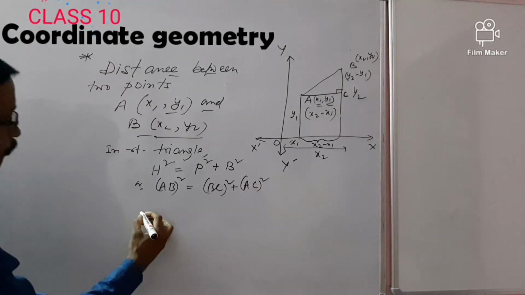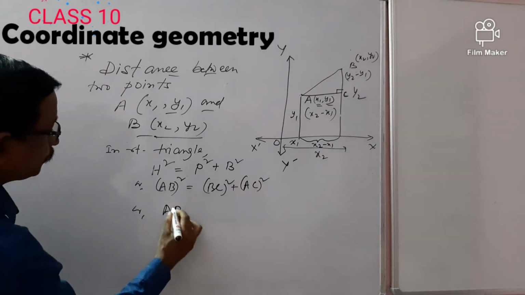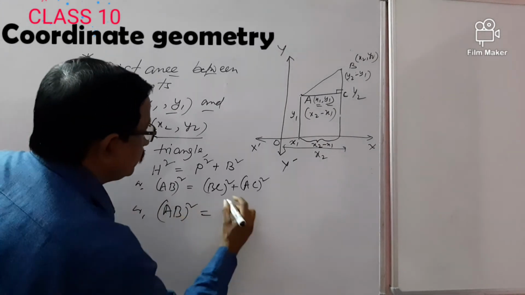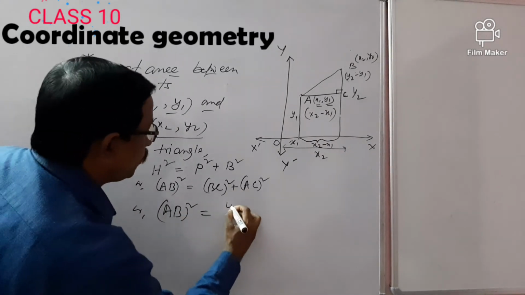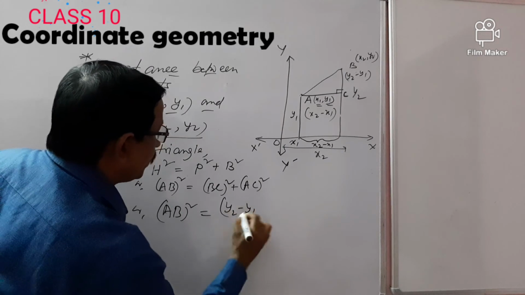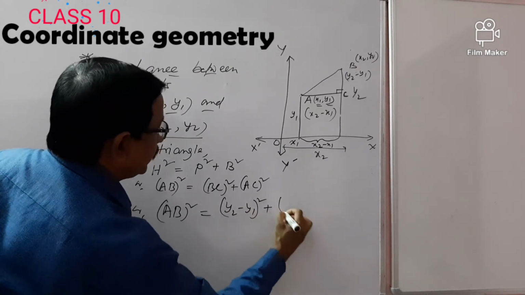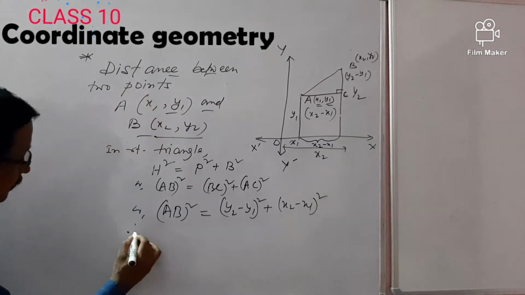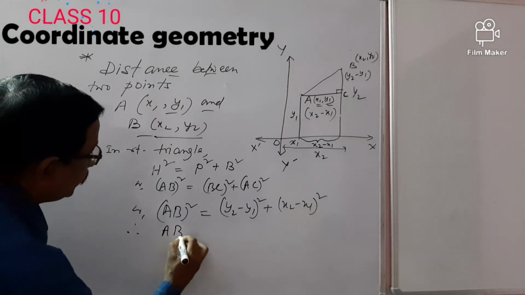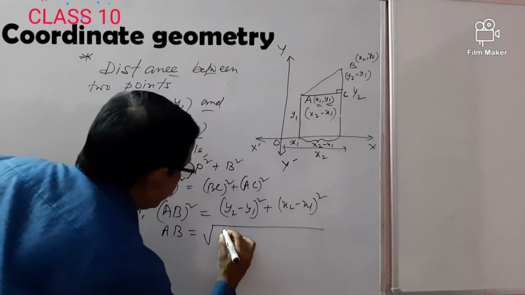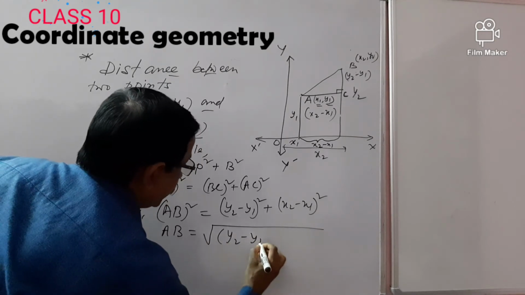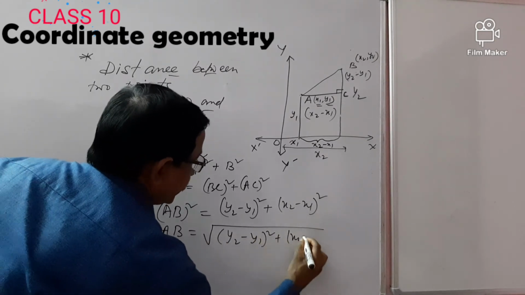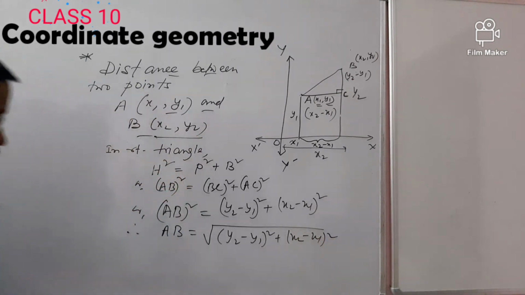We have to find AB. AB square equals BC square plus AC square, which is (y2 minus y1) whole square plus (x2 minus x1) whole square. So AB equals the square root of (y2 minus y1) whole square plus (x2 minus x1) whole square.